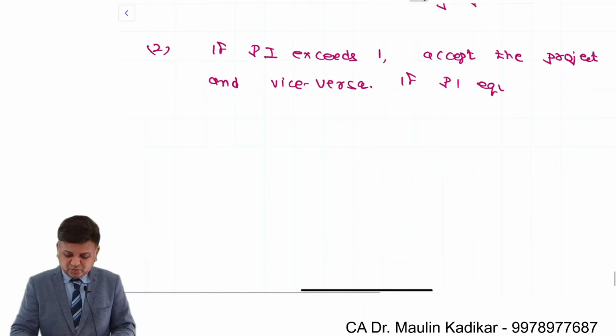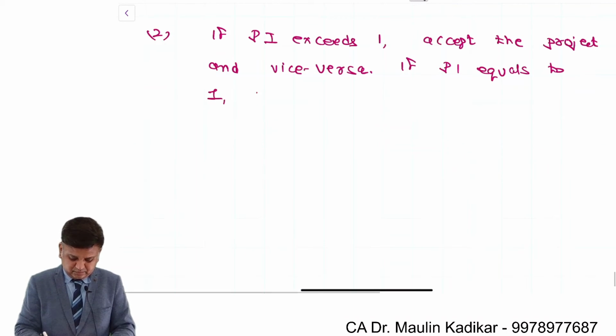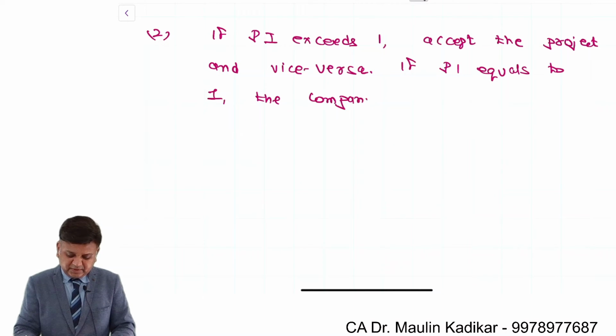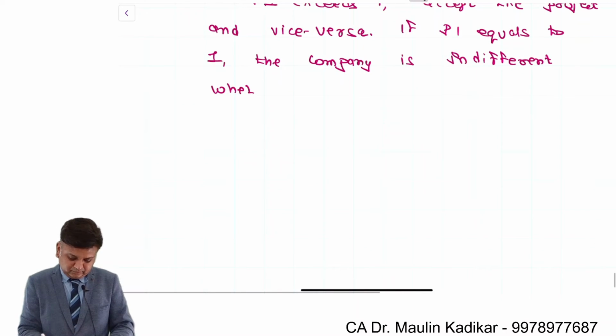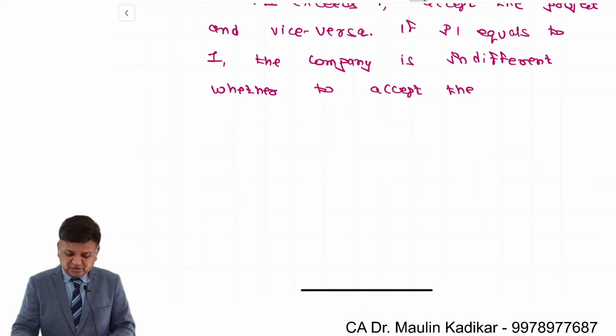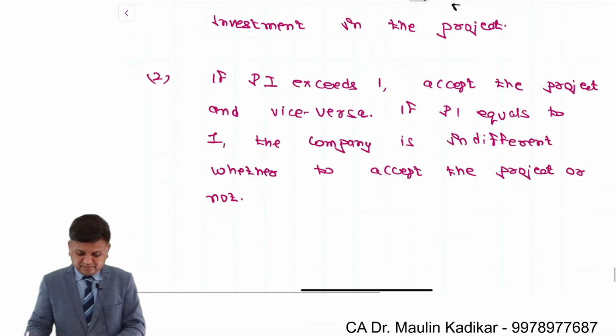If PI equals 1, the company is indifferent whether to accept the project or not.